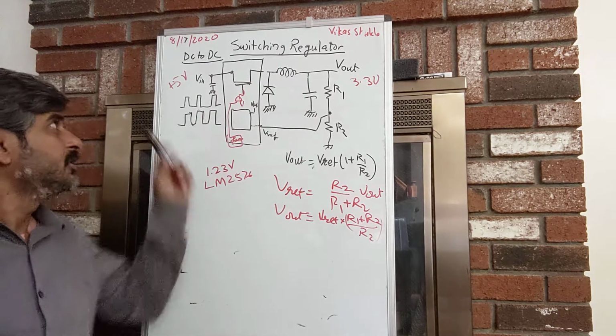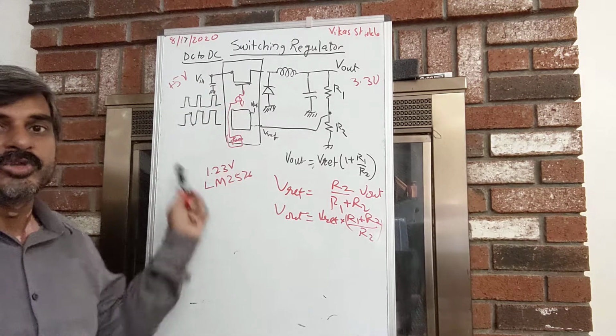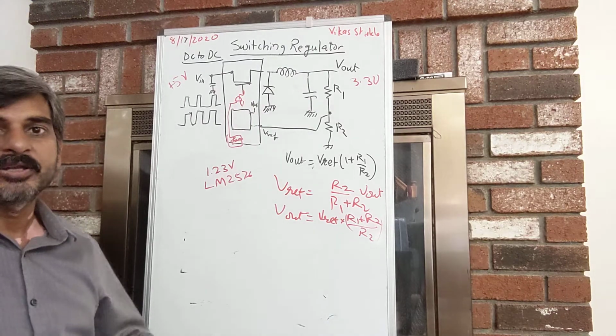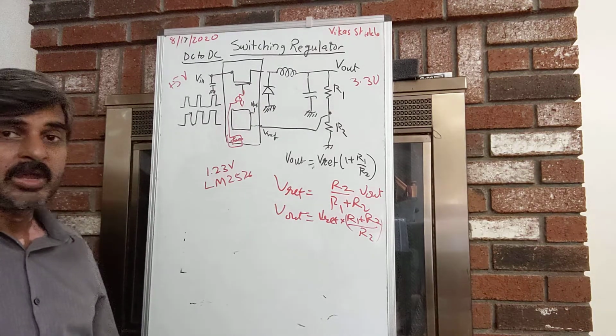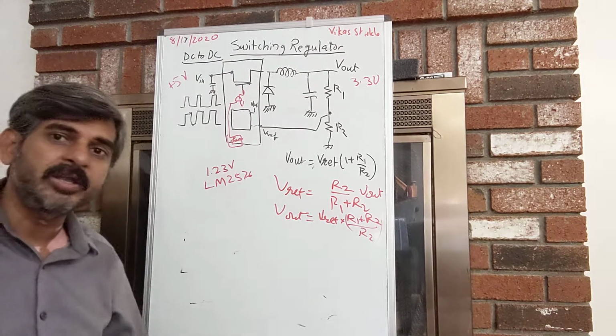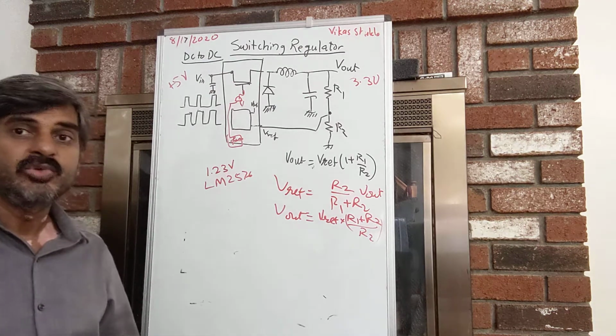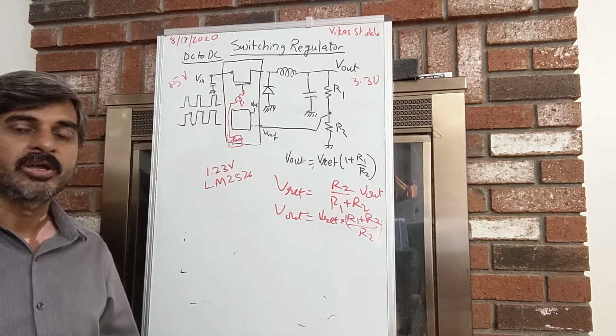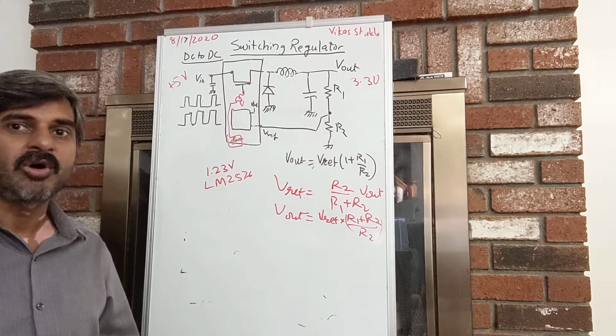So typically, for a DC-DC switching regulator, we use an IC, but these are the external components that we will be using. If you are designing a DC regulator, you have to be a little careful, otherwise this whole thing could create an EMI and noise problem.